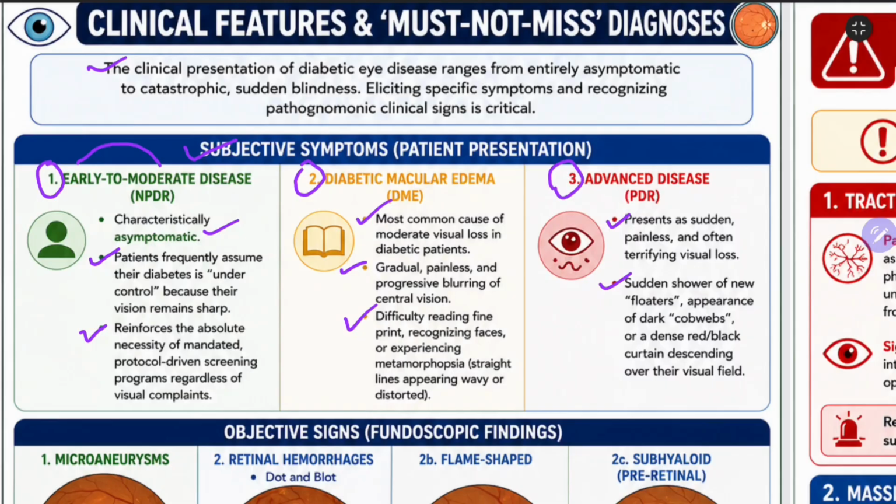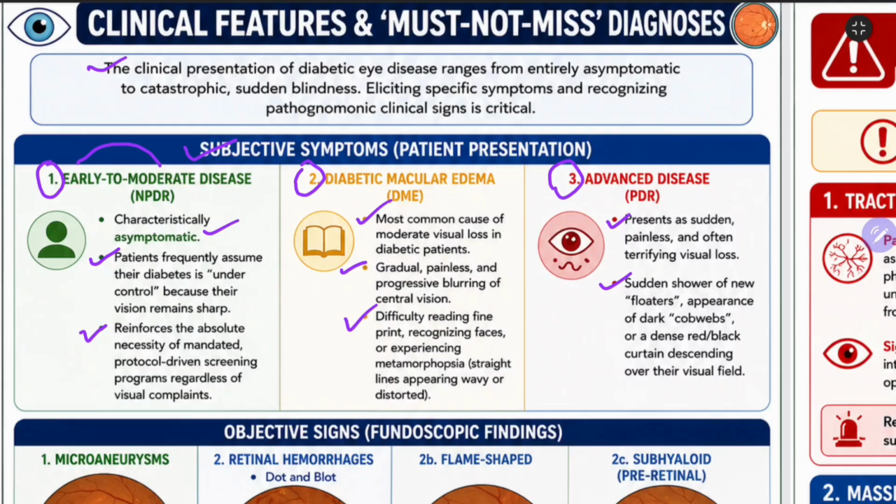Remember this one. Vitreous hemorrhage will present as floaters, or if it is massive, it will present as sudden loss; the patient will not be able to see anything. The curtain is particularly seen in tractional retinal detachment. So this is a very bad thing happening to the patient.